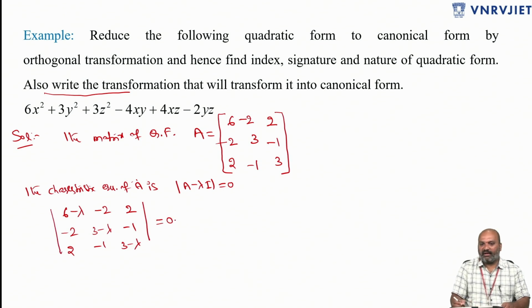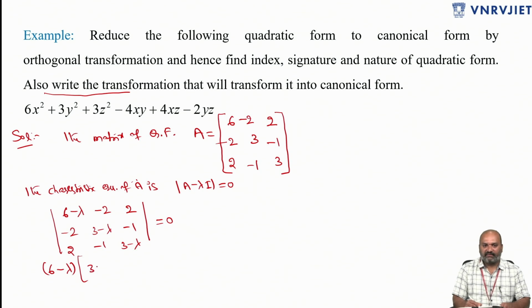Of course, you know how to evaluate the determinant. Anyway, I'll explain in detail. Along the first row, I'm expanding the determinant. That is, 6 minus lambda into, delete the corresponding row and column, 3 minus lambda into 3 minus lambda.